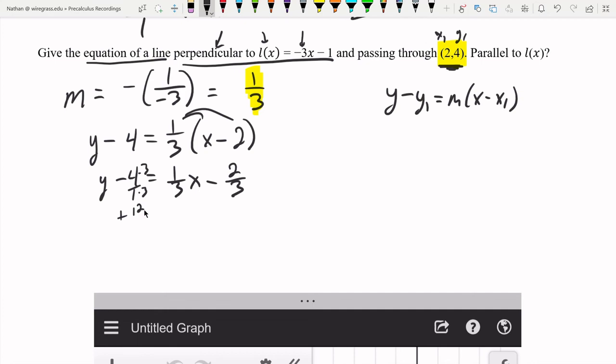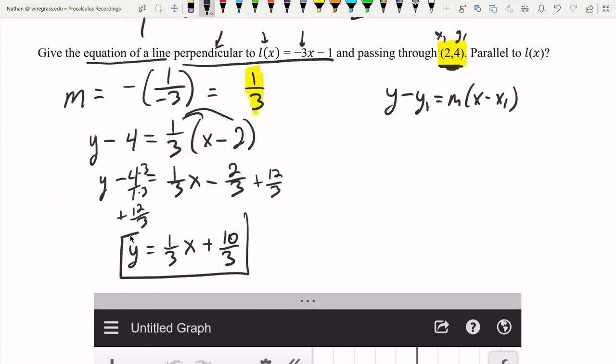So we're going to add 12 over 3 to both sides. We get y equals 1/3 x plus 10 over 3. So those are perpendicular lines. This line and this line are perpendicular, and this line will pass through (2, 4).